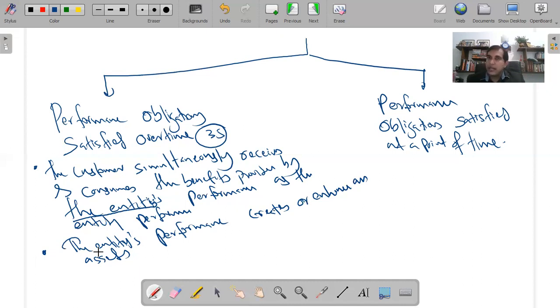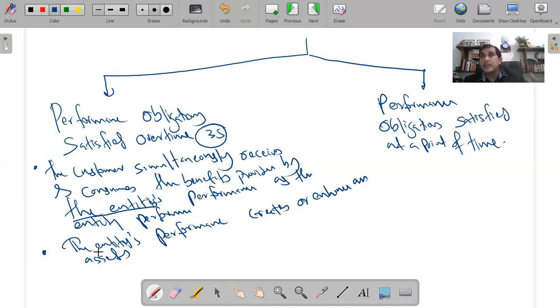There is a construction company constructing a building for one of their clients, right? So when the entity builds, day by day, that particular building is constructed, then they incur money, the resources, right?